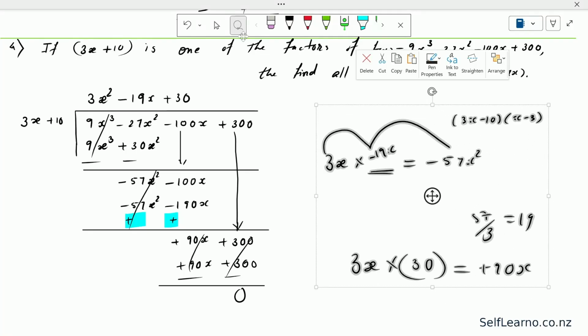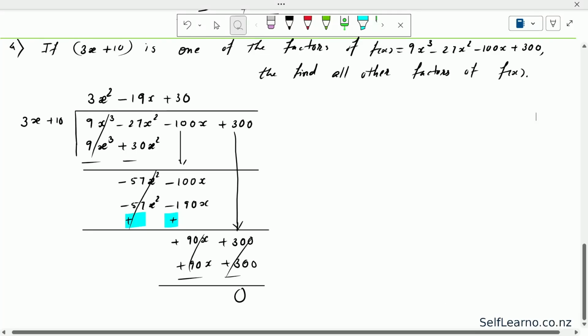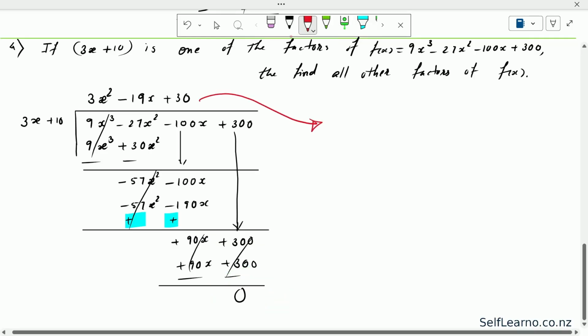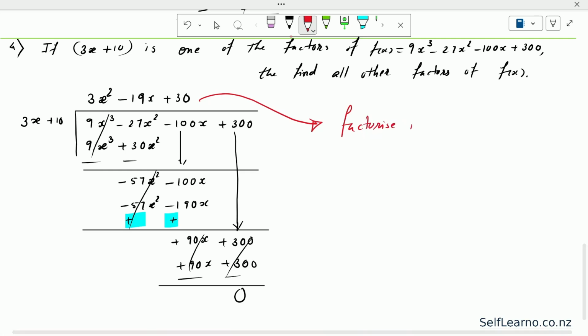You must get the remainder 0, because here they have given that this is the factor of this. That means this polynomial is perfectly divisible by this. What do we mean by perfectly divisible? The remainder is 0. Now factorize this: it is 3x squared minus 19x plus 30.